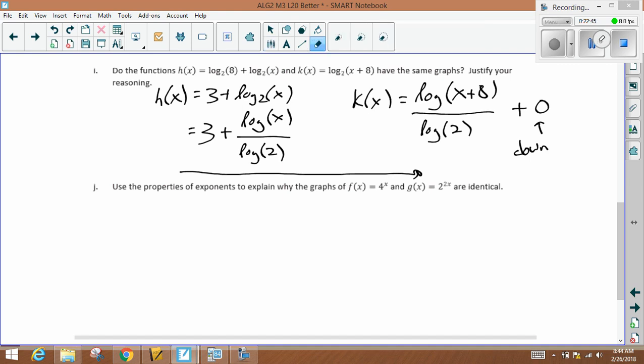Anyhow, because there's a 0 there, it shifts it back. But let's look at this. What did this do? This is a shift.